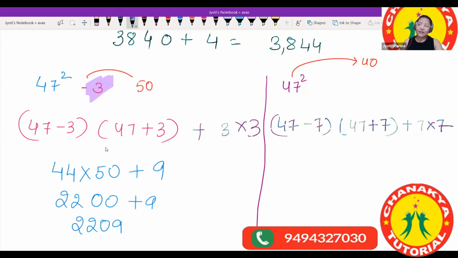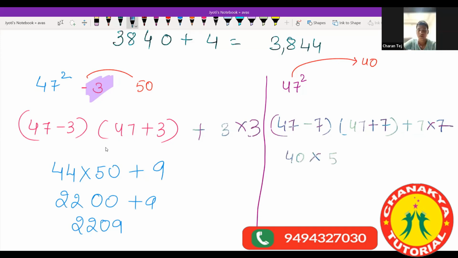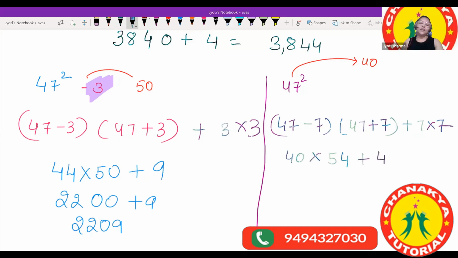Okay. All right. Now, 47 minus 7, 40. Multiplied by 47 plus 7, it is 54. And plus 7 into 7, 49. Okay. Simple. We are going to do the same thing. It's just long calculation and short calculation.